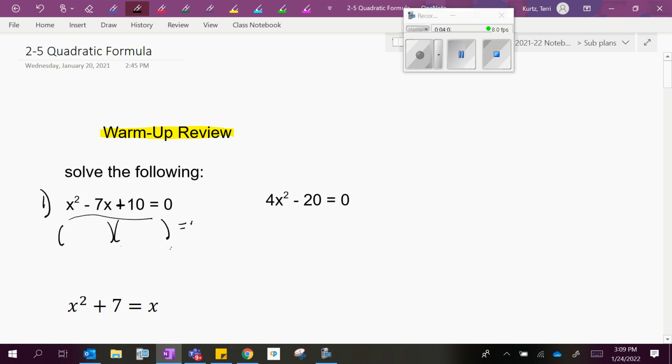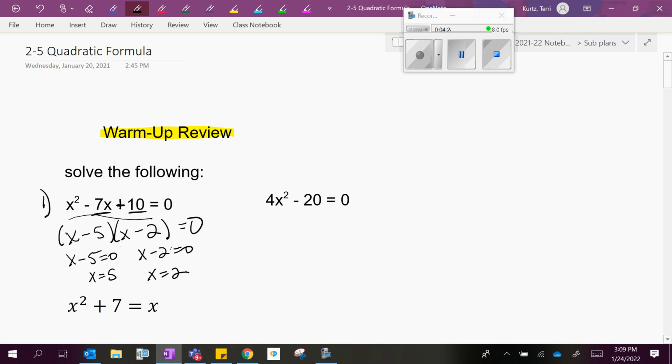We think of what multiplies to positive 10 and adds to negative 7. Negative 5 and negative 2 multiply to 10 and add to negative 7. When we set each of those factors equal to 0, we get 5 and 2.